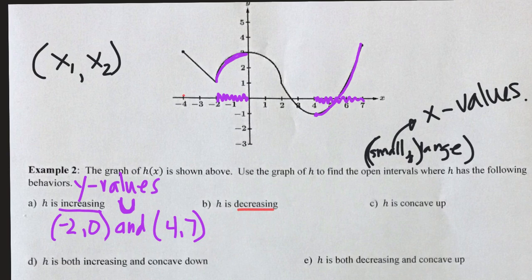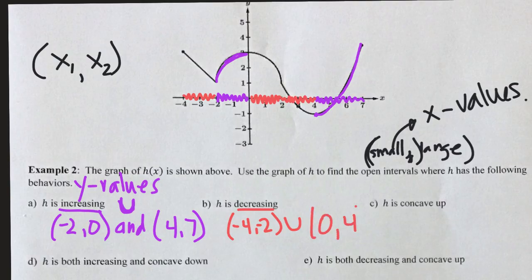What's that U for? Good, -4 to 2. Actually from 0 to 2, but then it continues on from 2 to 4. So we're going to combine both of those different graphs into one interval from 0 to 4. So the U is a fancy symbol which means union, which is the and symbol.